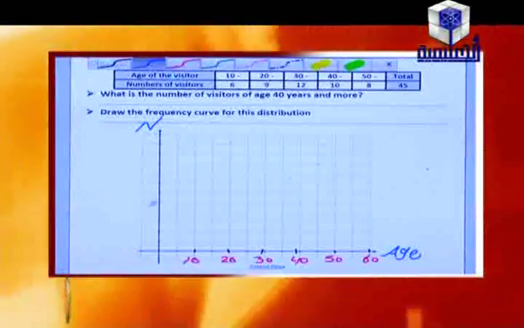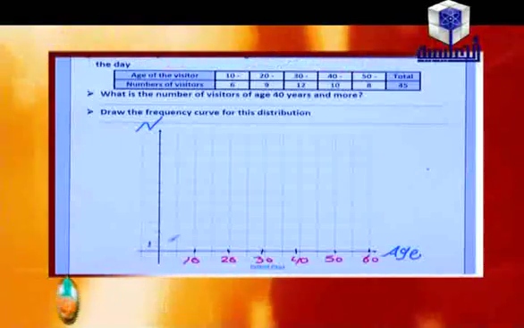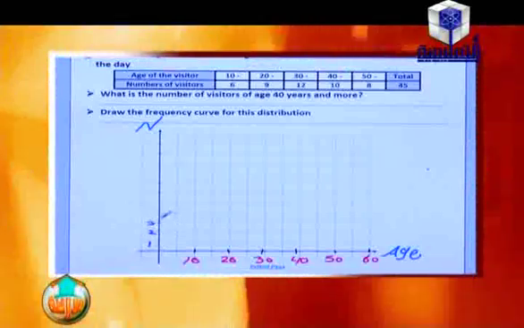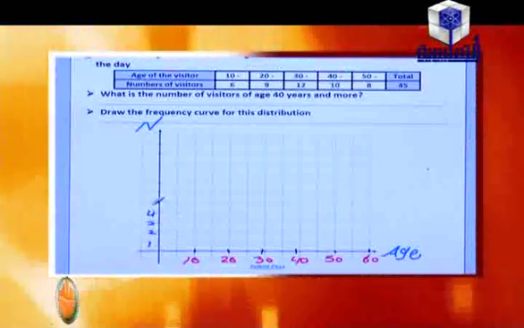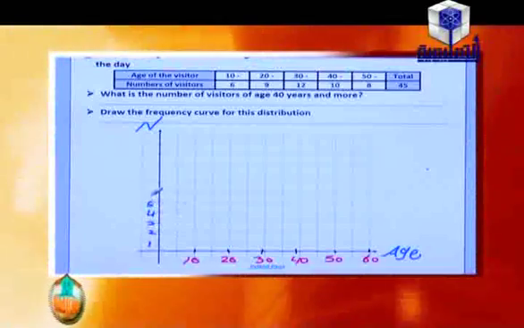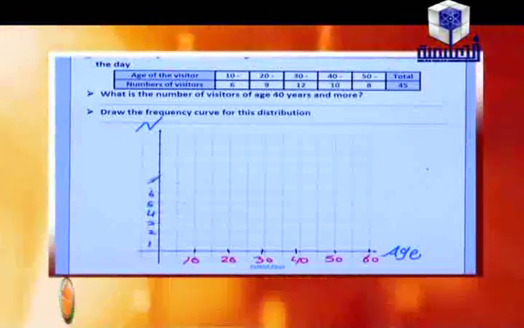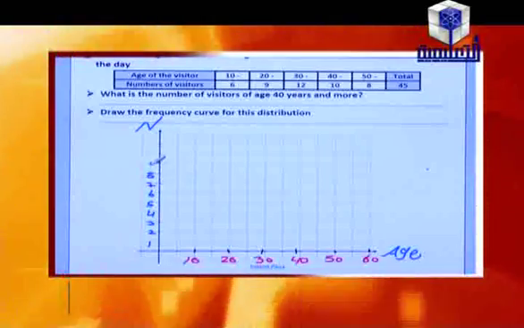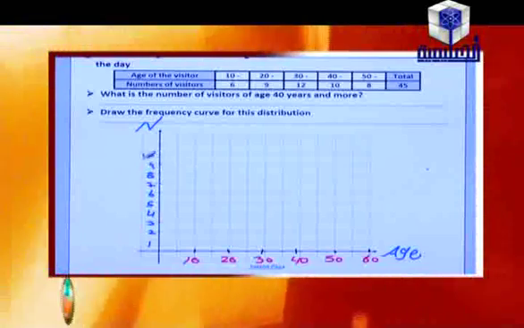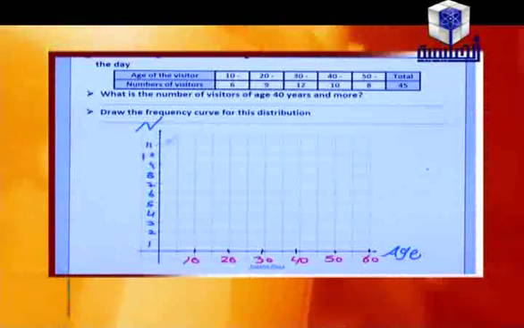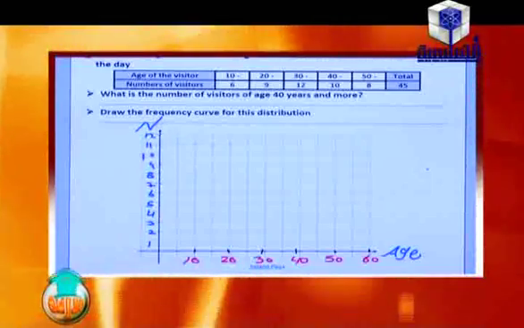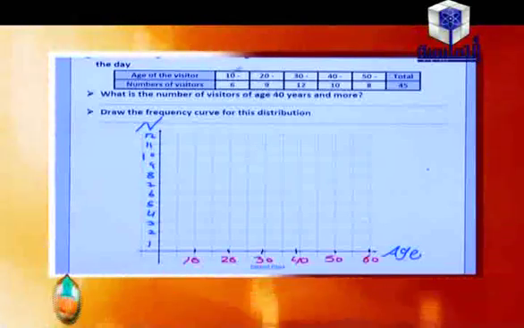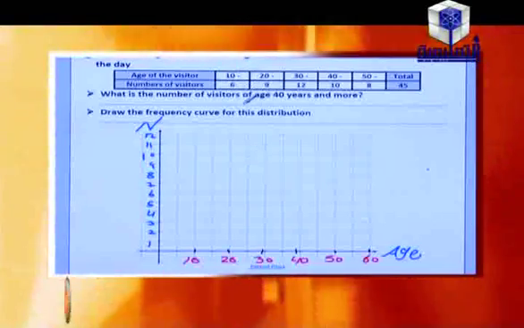Then put here the numbers 1, 2, 3, 4, 5, 6, 7, 8, 9, 10, 11, 12. And put here each number with the center of the set.